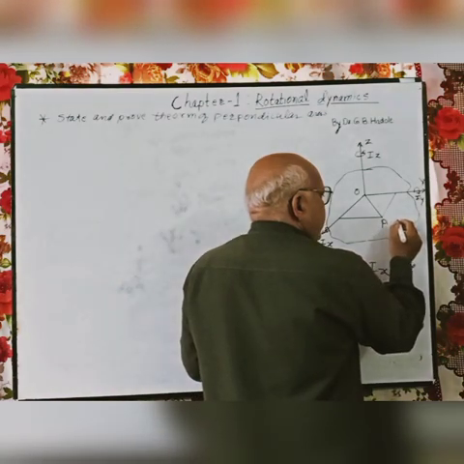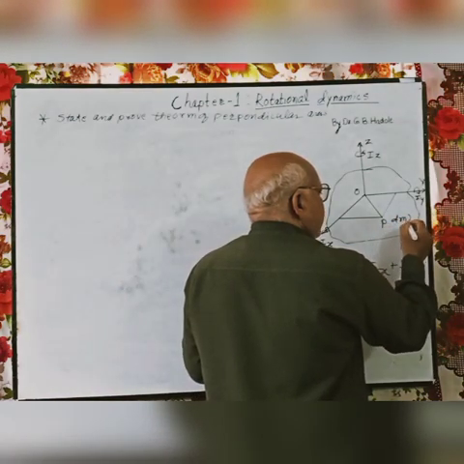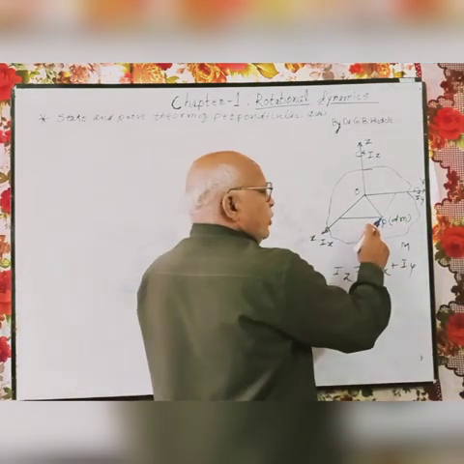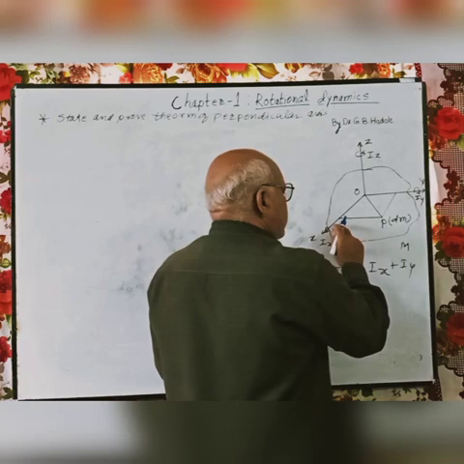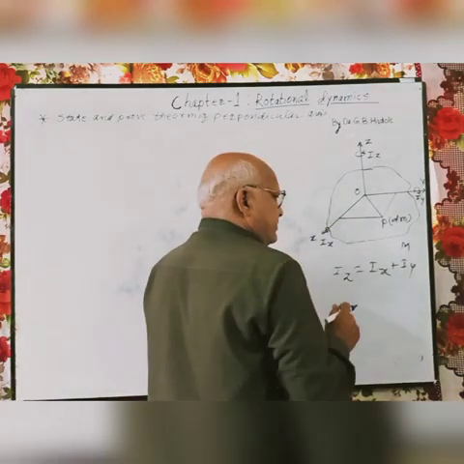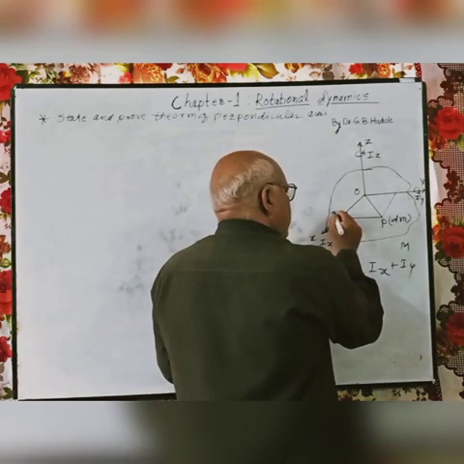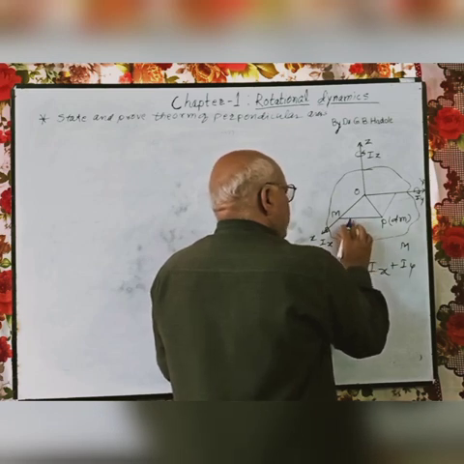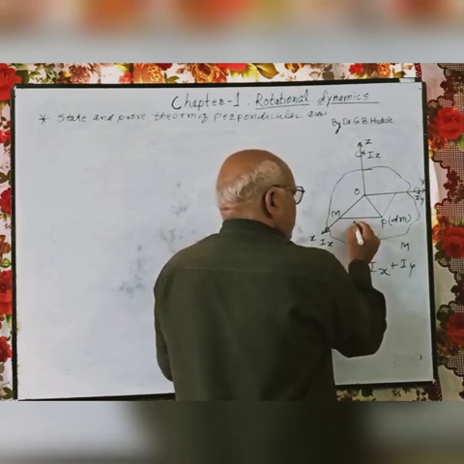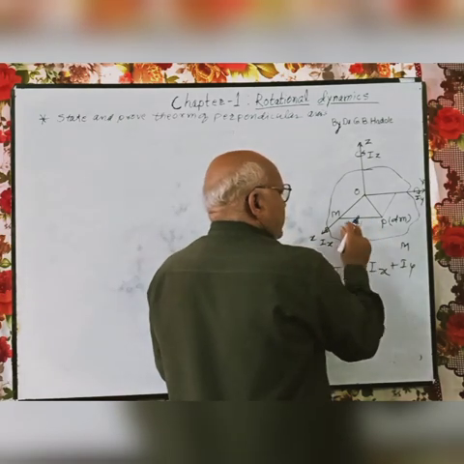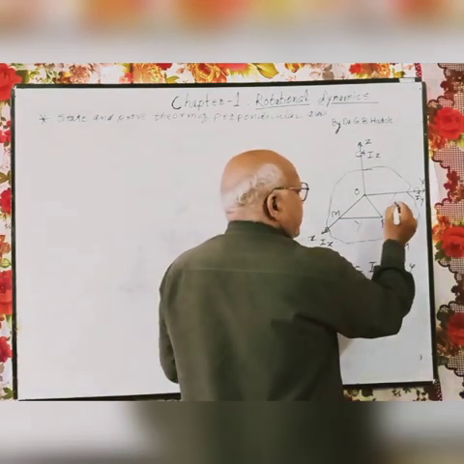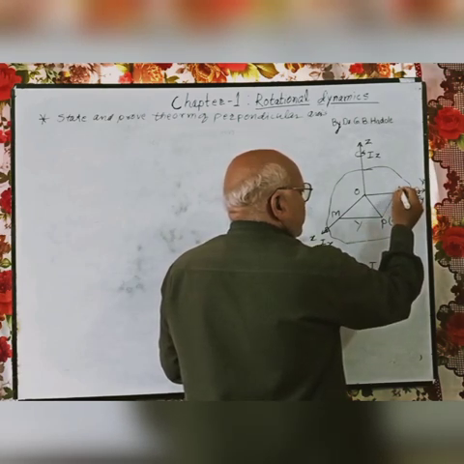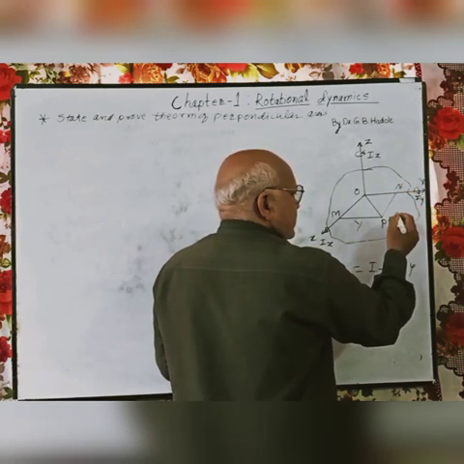Now suppose that a small mass dm is situated at point P. From this point P, draw perpendiculars on the x-axis and y-axis. So m is the foot of the perpendicular, and it is y distance away from this point P. Now draw a perpendicular from this point P on the y-axis.